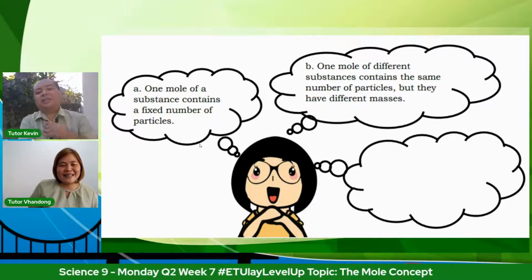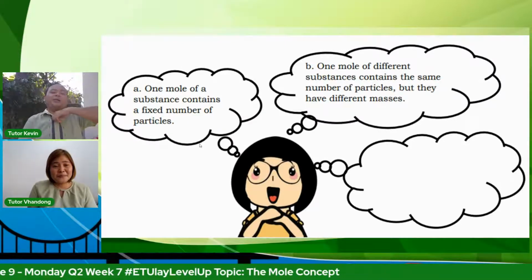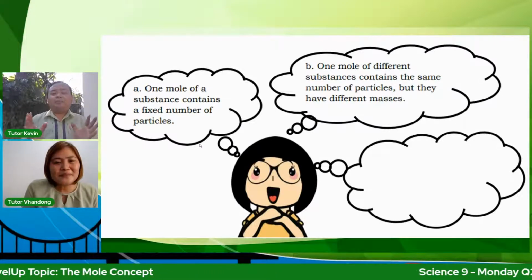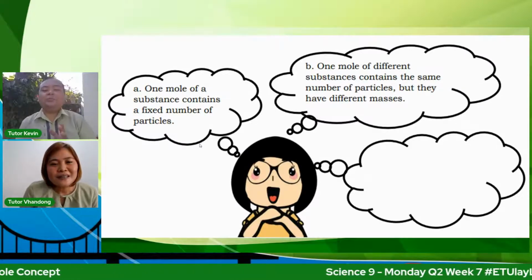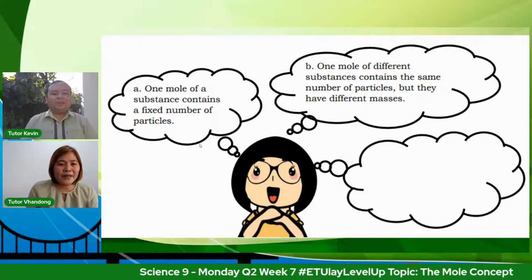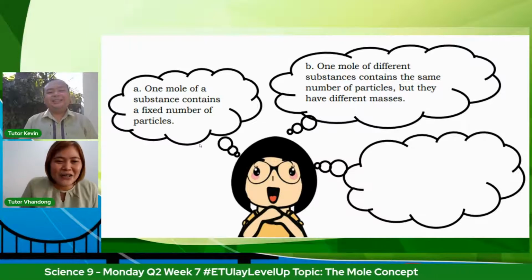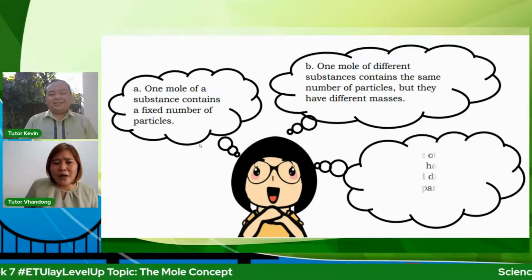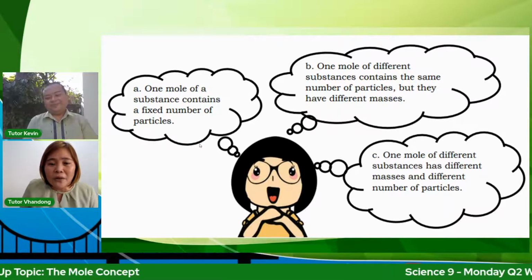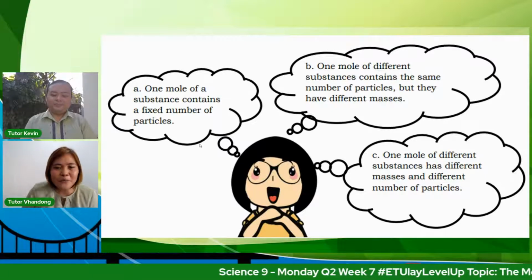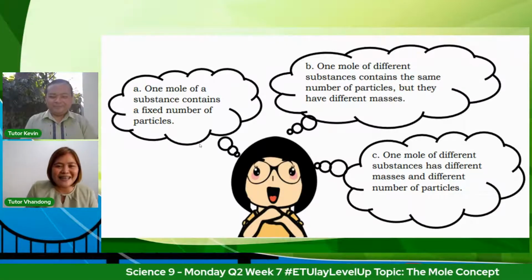Different elements and different compounds have different masses. But remember, 1 mole of different substances contains the same number of particles, and they differ in mass. There's one more: 1 mole of different substances has different masses and different number of particles.